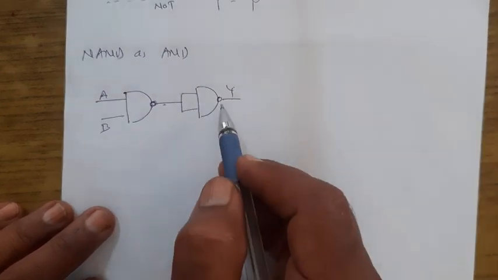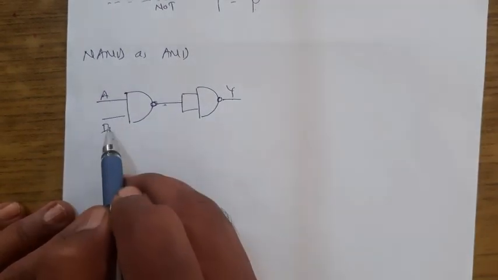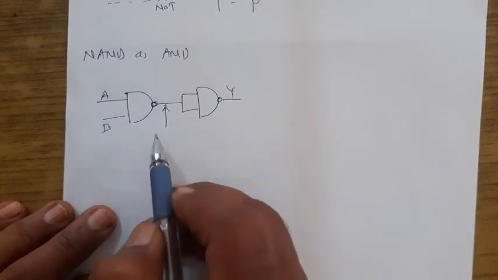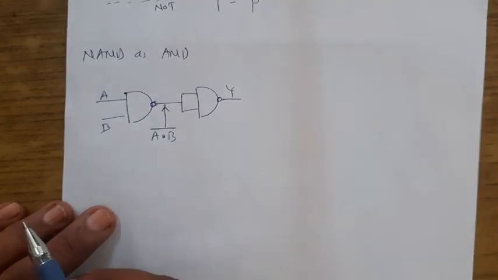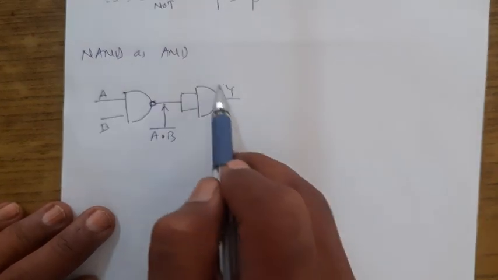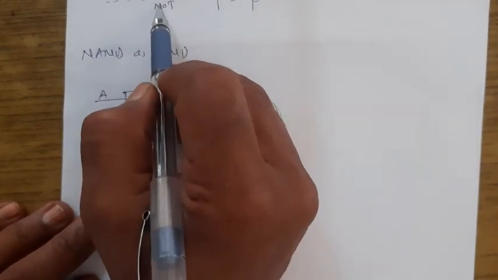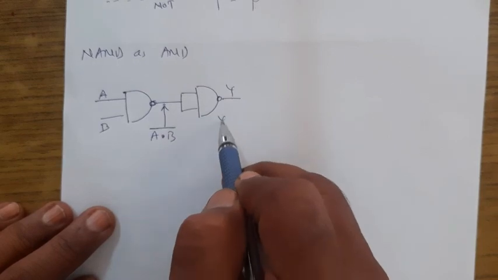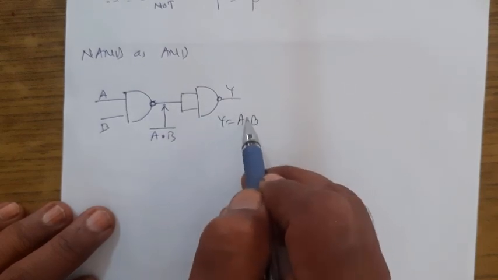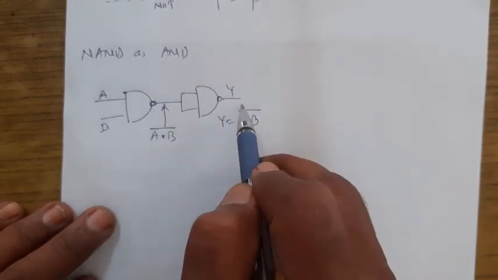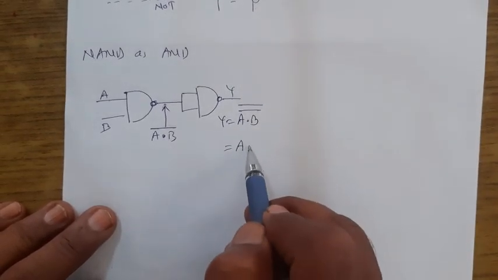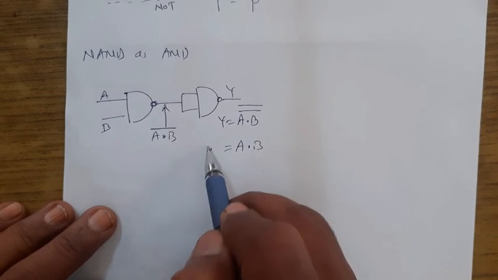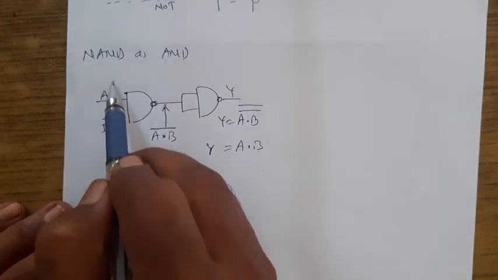I will write how it becomes. This is A, this is B. Therefore here it will be (A·B) complement. And this is our NOT gate, and therefore here the Y will be the complement of (A·B) complement, and complement of complement will cancel each other, and it remains Y is equal to A·B.